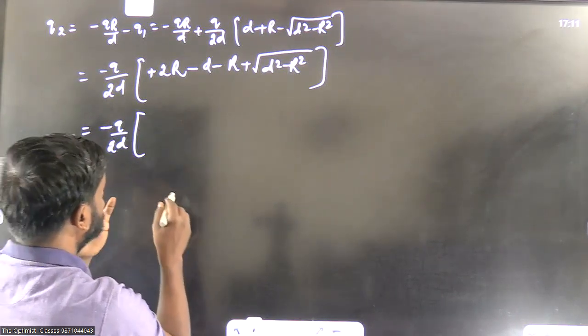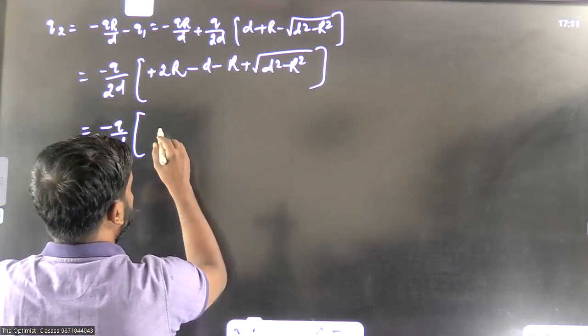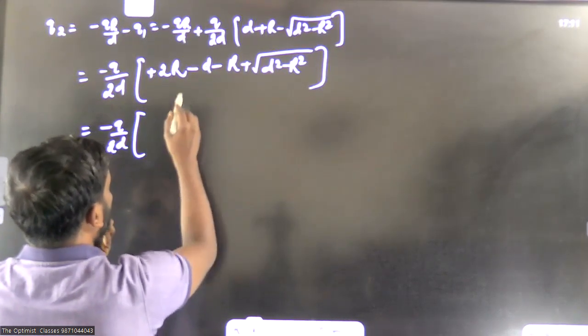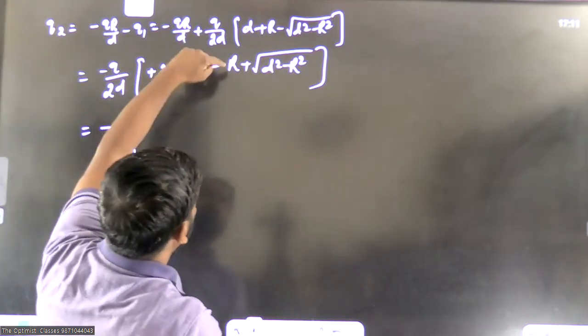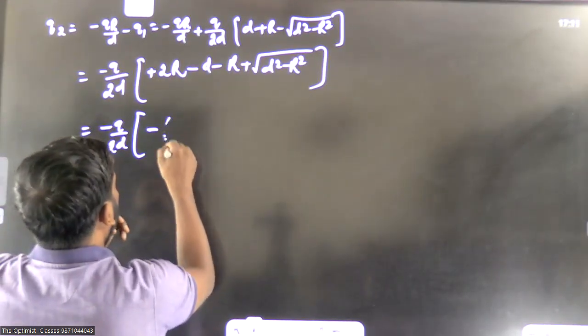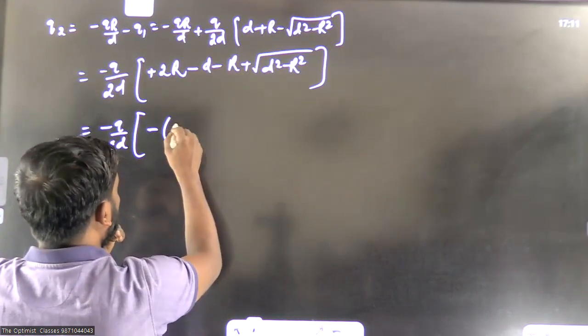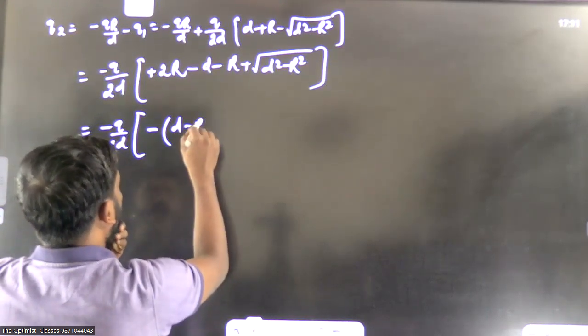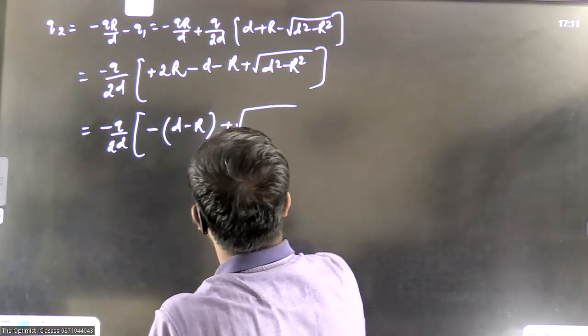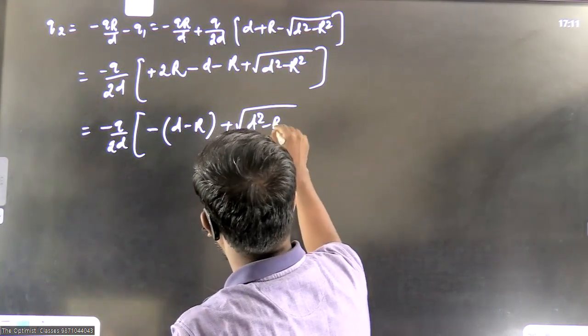And here we had gotten minus D, so we can take minus sign common, and we get D minus R and plus root under D square minus R square.